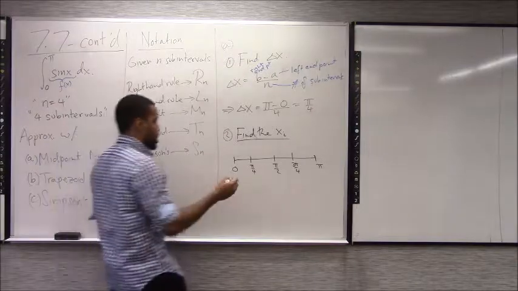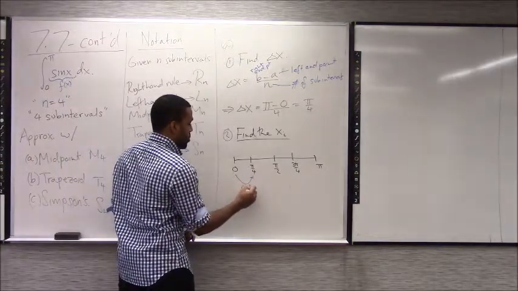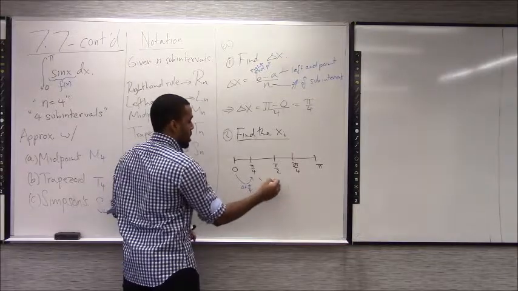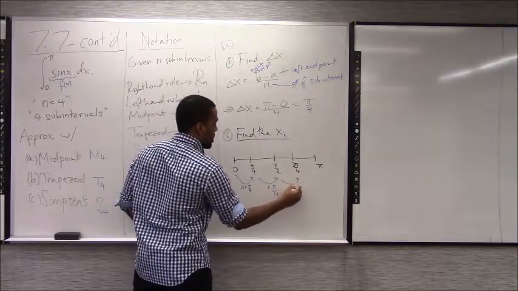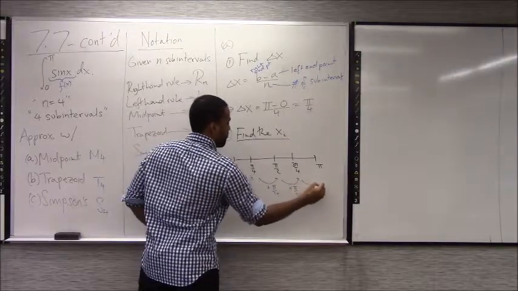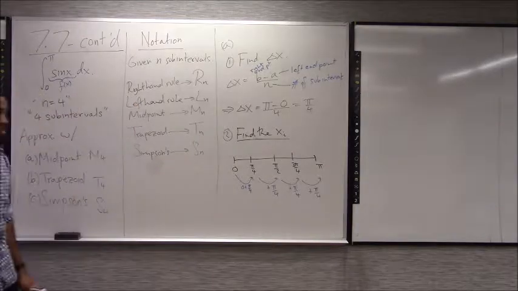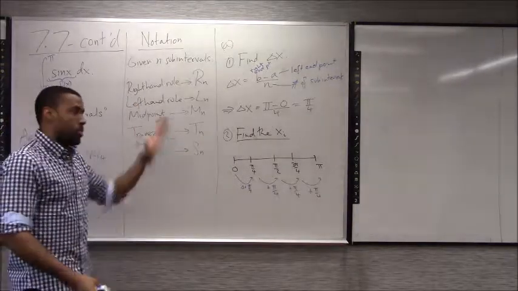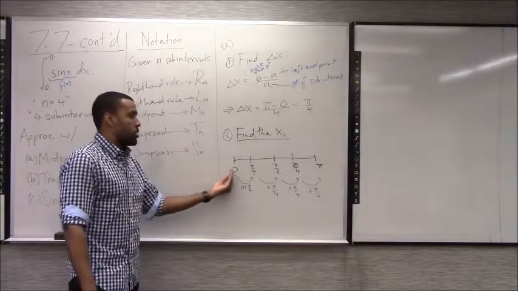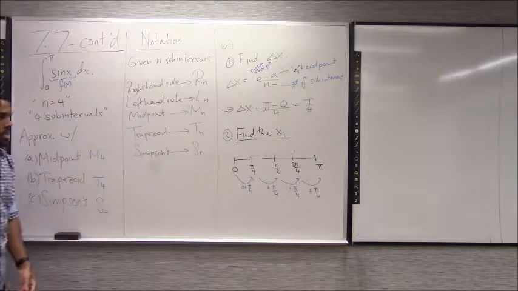Each time I'm adding, so this is 0 plus pi over 4, plus pi over 4, plus pi over 4. You keep adding the delta x until you get to the end. So you have 4 subintervals; you start at the left endpoint and add the delta x 4 times, and that gives you all the pieces.